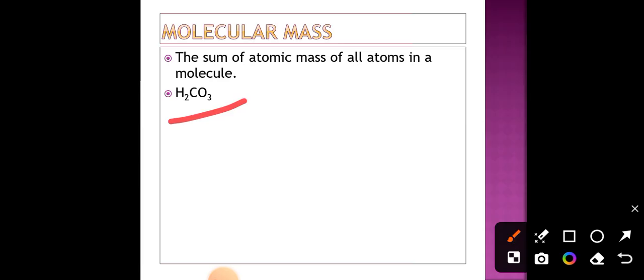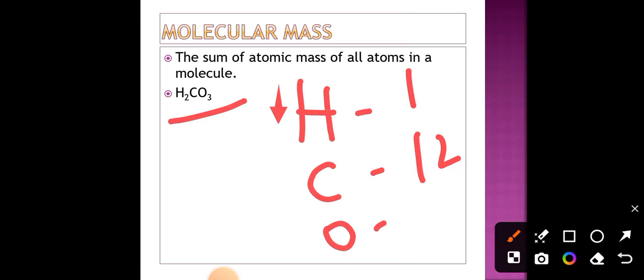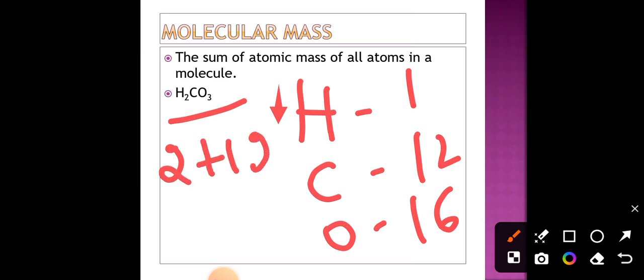So now H2CO3. See, these three atoms are quite familiar, I'm sorry. So hydrogen, what is the atomic mass of hydrogen? 1. Carbon is 12 and oxygen is 16. So how many atoms of hydrogen are there? 2 into 1, 2, plus carbon is 1 into 12, 12, plus how many atoms of oxygen are there? 3. 3 into 16, 48.